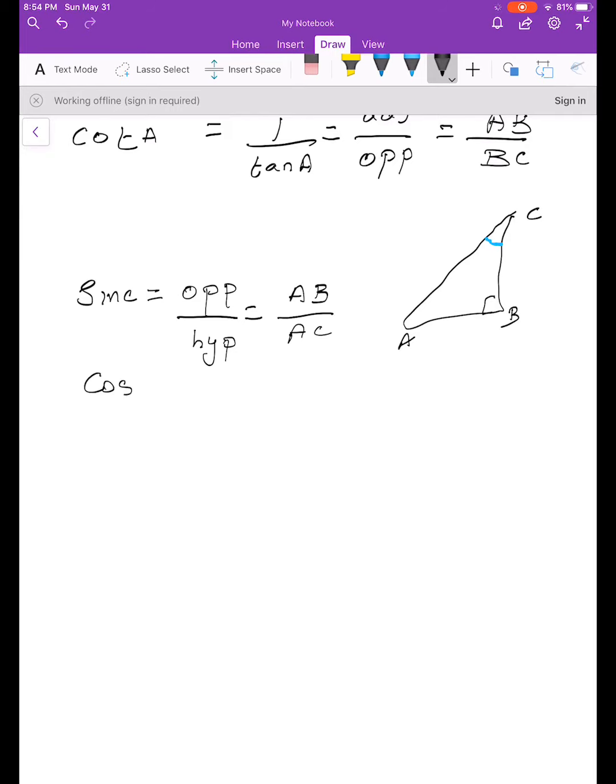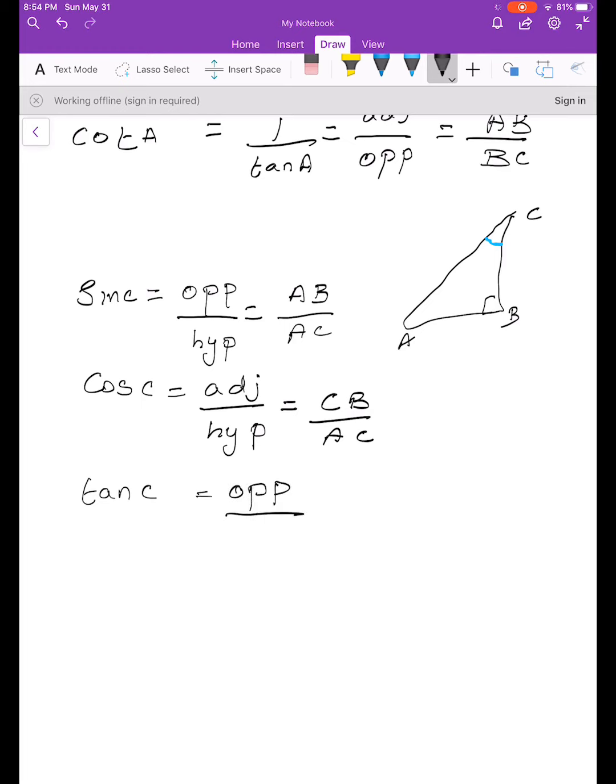Cos C, adjacent by hypotenuse. The adjacent here is CB, so CB by AC. Tan C, opposite by adjacent, that is AB by CB.